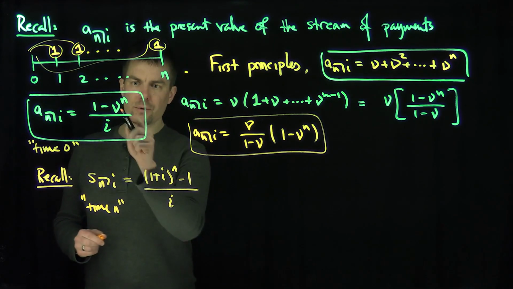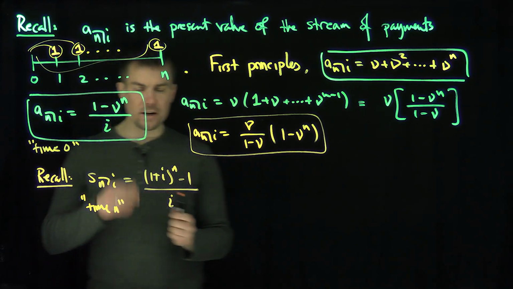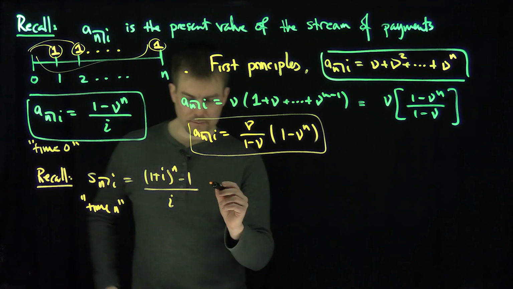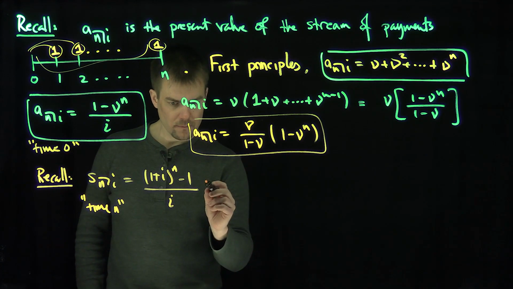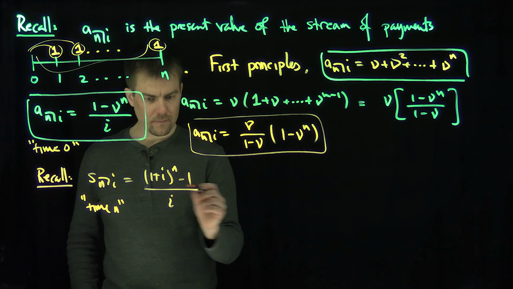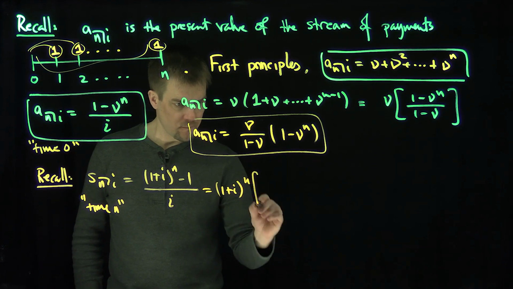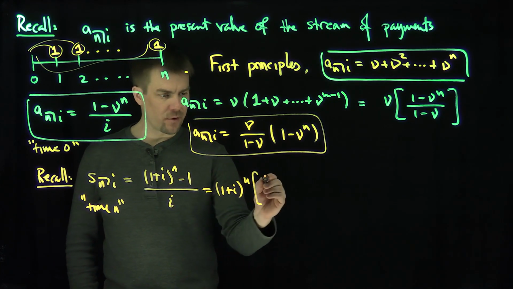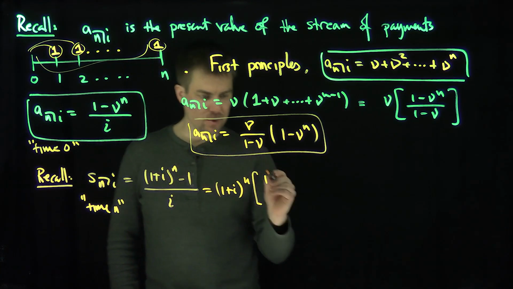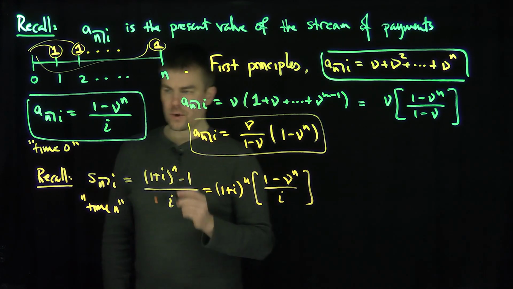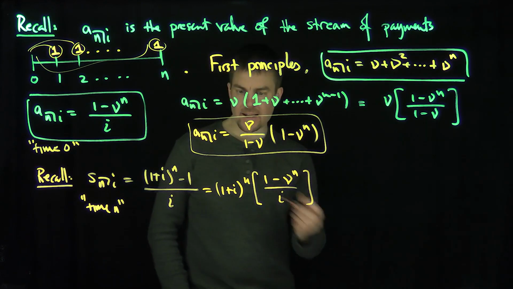But of course, I know that nu to the n and (1 plus i) to the n are inverses of each other. So if I pull a 1 plus i out of this, I'm left with a 1. If I pull a 1 plus i out of this, there was nothing there, so I needed nu to the n over i. Now I have a relationship between s angle n and a angle n.